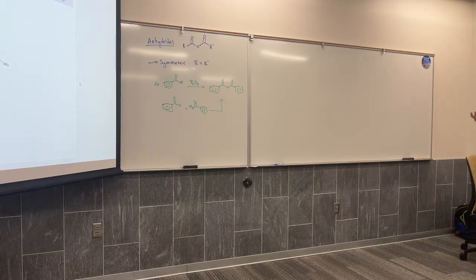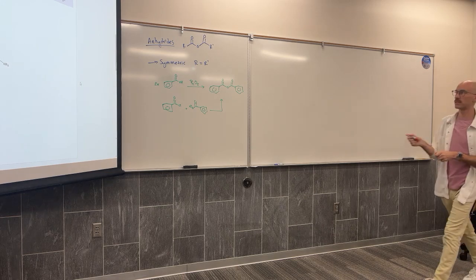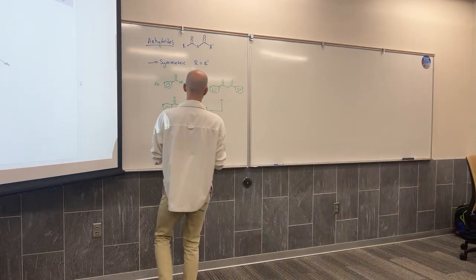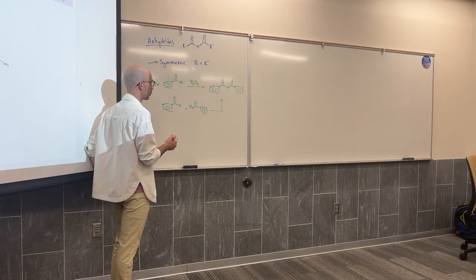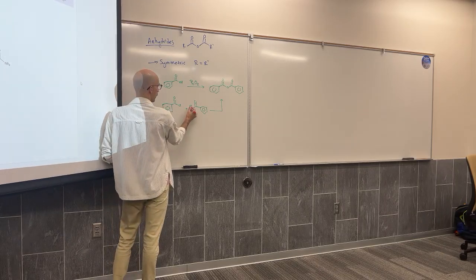And because the carboxylate and the acid chloride have the same carbon group on them, when they react, they form the same product.